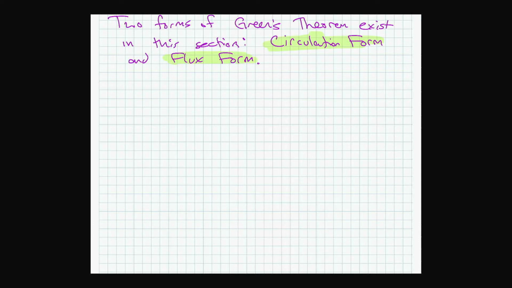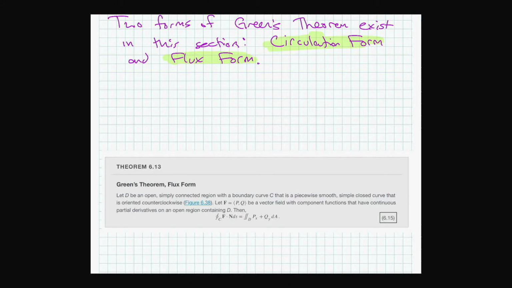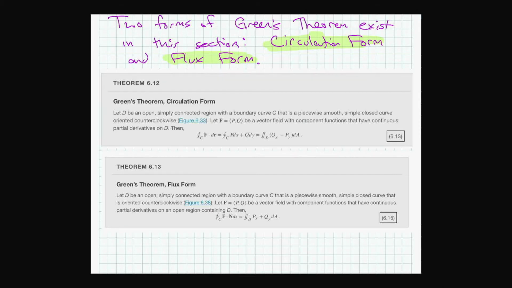So those are going to give you two different theorems here because there's two different types of line integrals. I don't know which one's which, so I'll just pick one. So here's the flux form. Let me find the other one. And there's the circulation form.